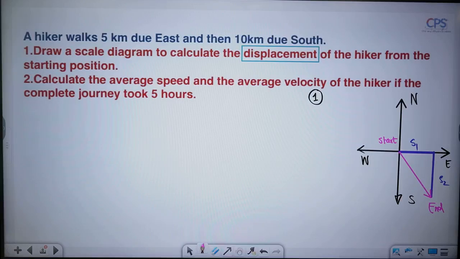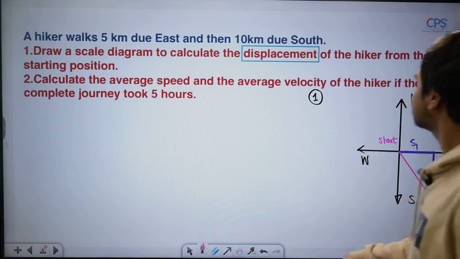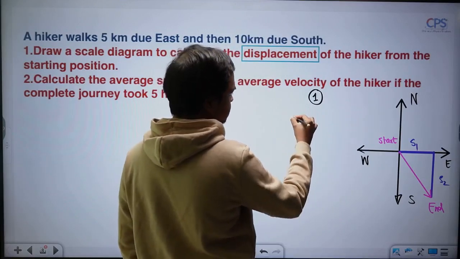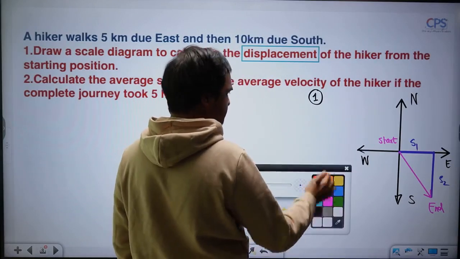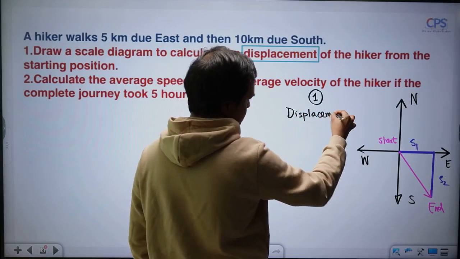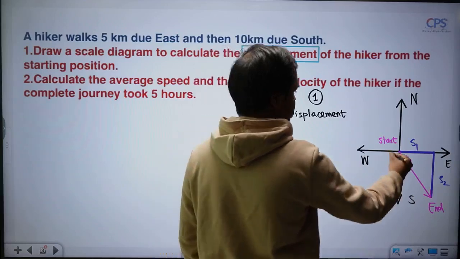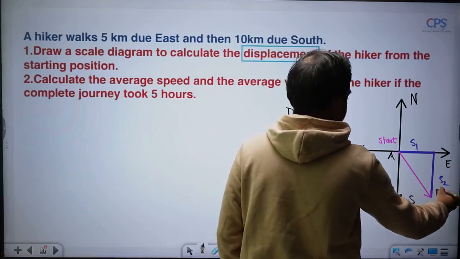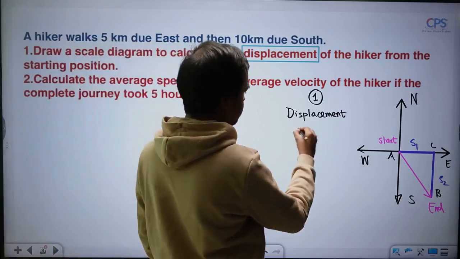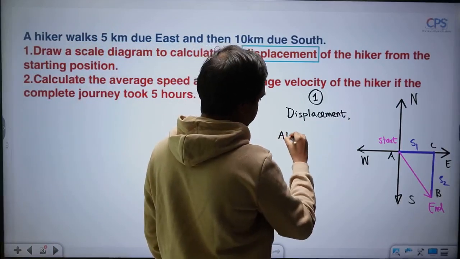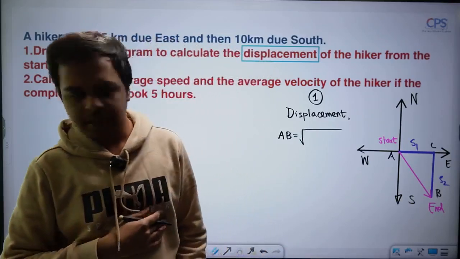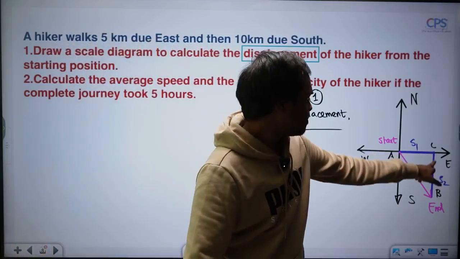So we have drawn it, let's calculate it. Let's say this is A, this is B, and this is C. So the displacement is AB. Now if you remember Pythagoras' theorem from maths, this is S1 square plus S2 square.